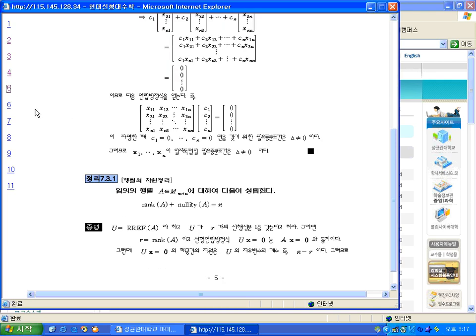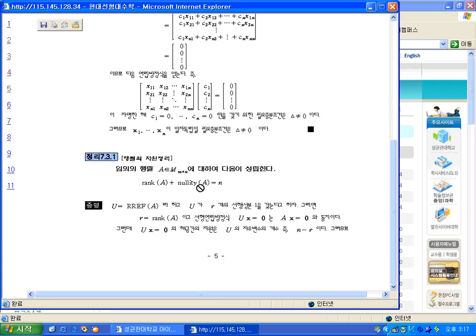Those are facts that you're supposed to know. And this is one way of proving the rank-nullity theorem for matrices, as a matrix version. The proof that I gave in the live lecture is a version for the linear transformation.